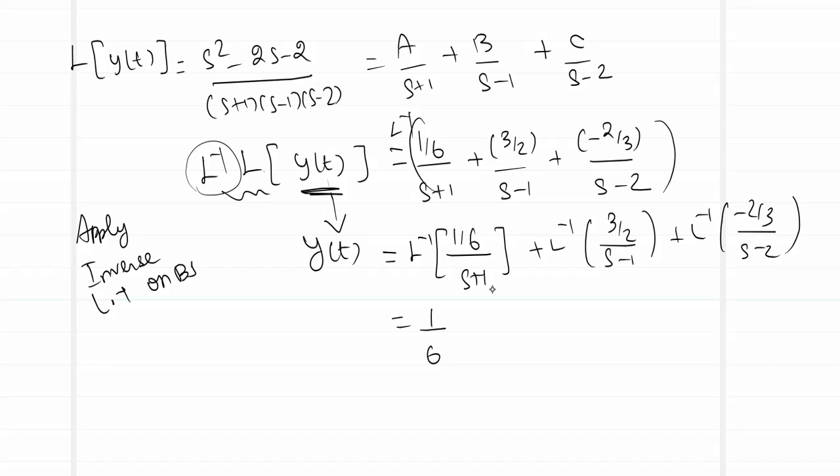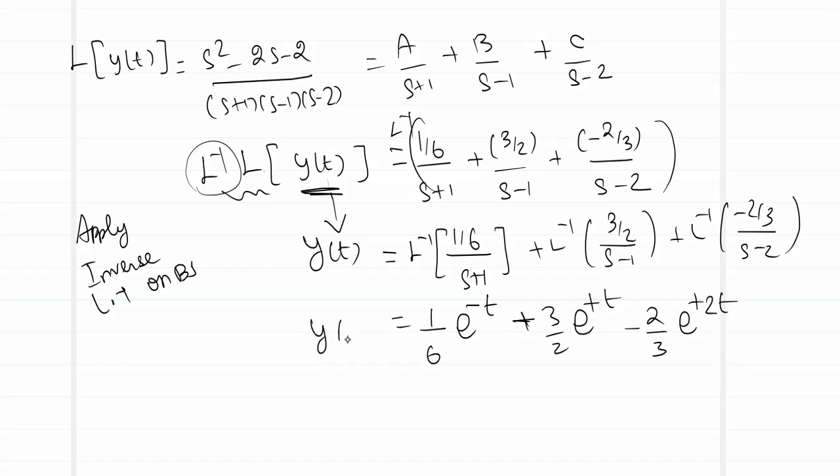Laplace inverse of 1 by s plus 1 is e power minus t. Plus 3 by 2 is the constant, 1 by s minus 1, so it is e power plus t. Minus 2 by 3 is a constant, and we get e power 2t.